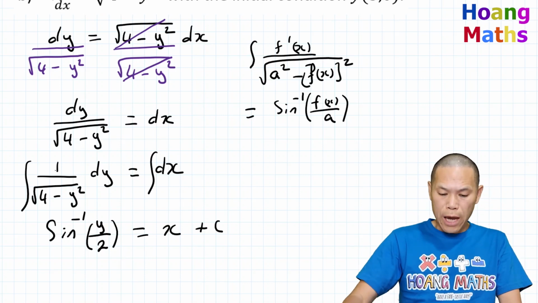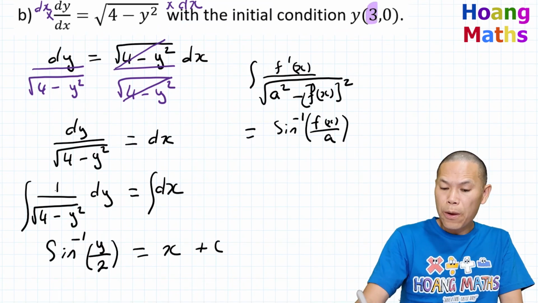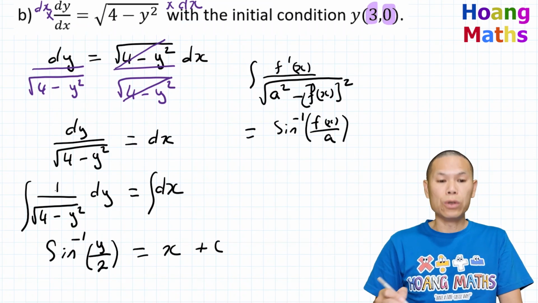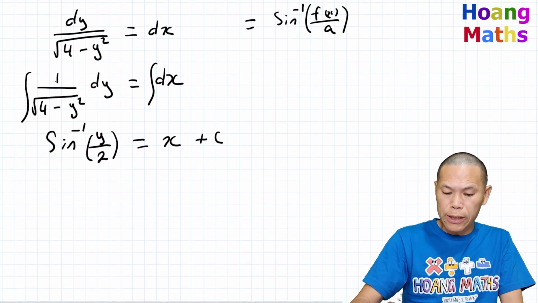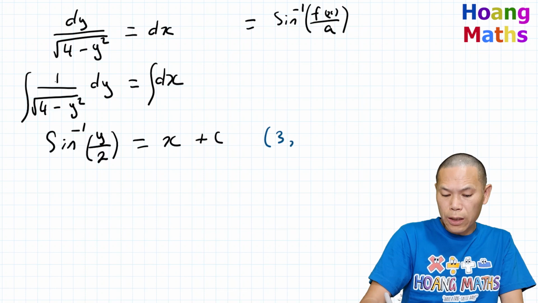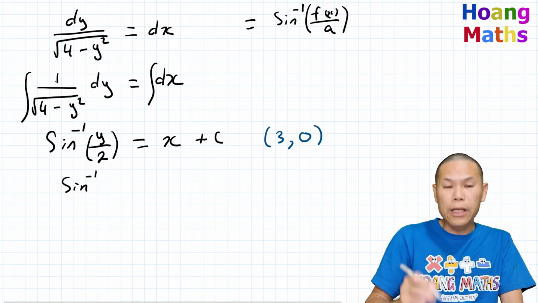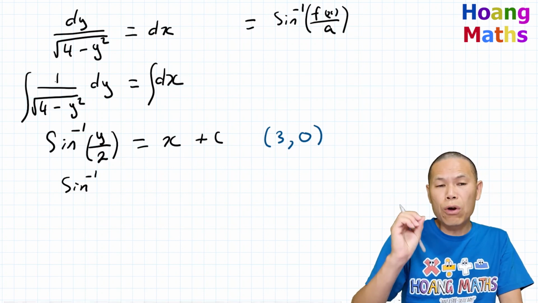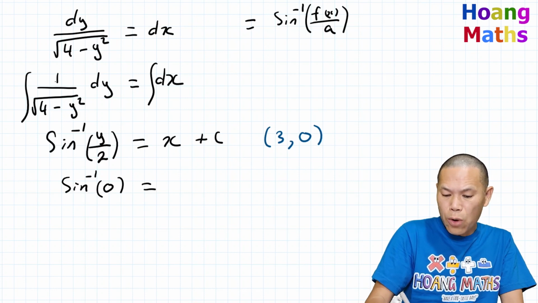So there you go. And we know that the condition is this: when x is 3, y is 0. So we just use that to find the constant c. So this means sine inverse of y, where y is 0, so 0 divided by 2 still gives me 0, equals x, which is 3, plus c.